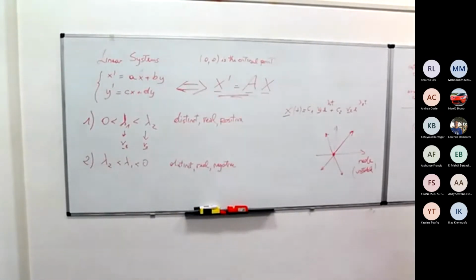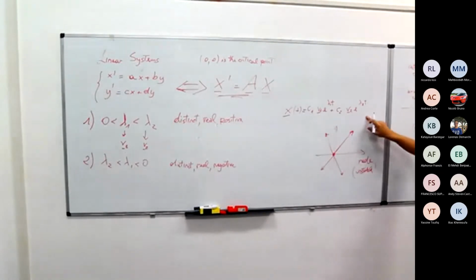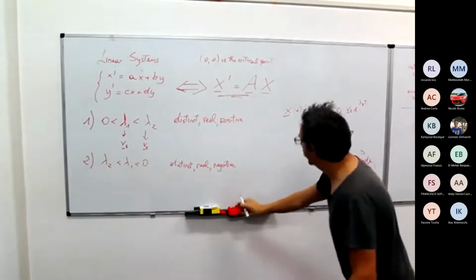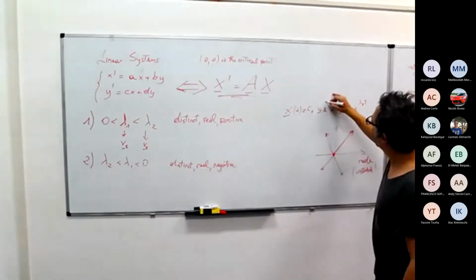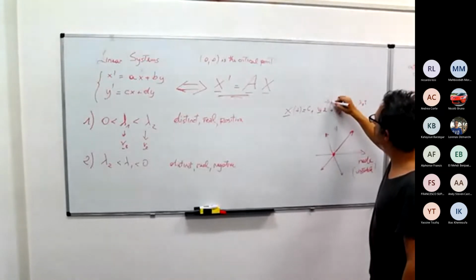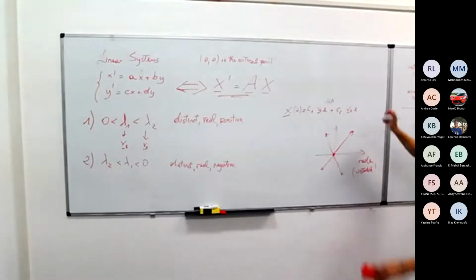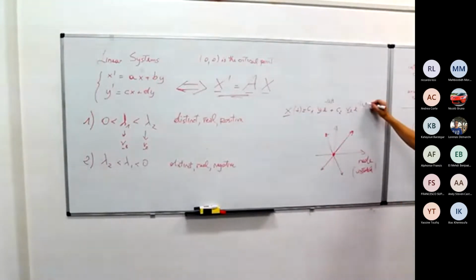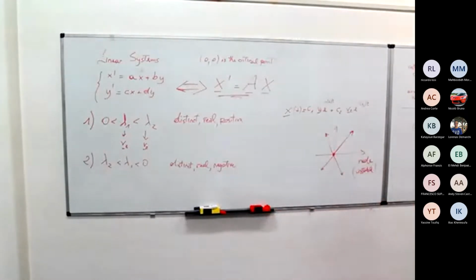So basically, since they are both negative, the general solution can be again written in this way. Actually, to be more precise, what I can do is to write the exponent as minus the absolute value of lambda 1 times t, and minus the absolute value of lambda 2 times t. Correct? Remember, lambda 1 and lambda 2 are both negative.